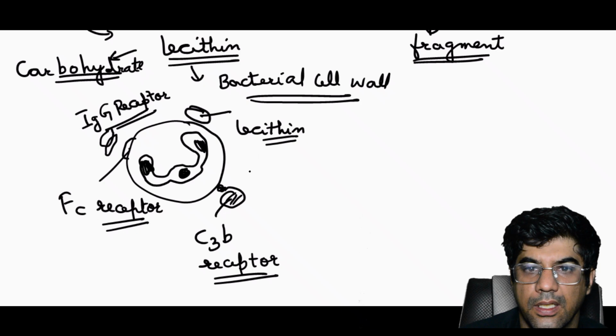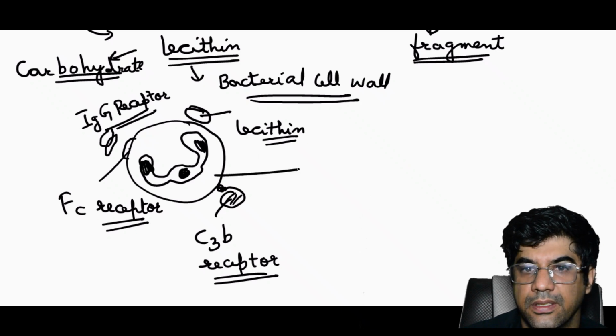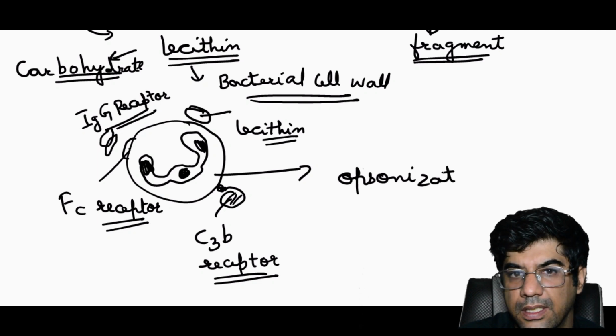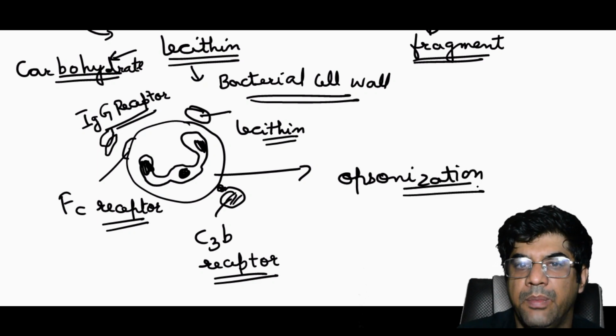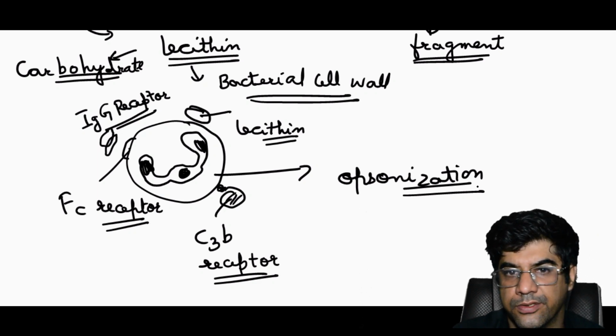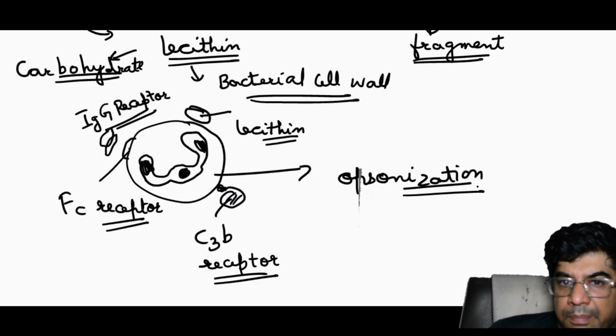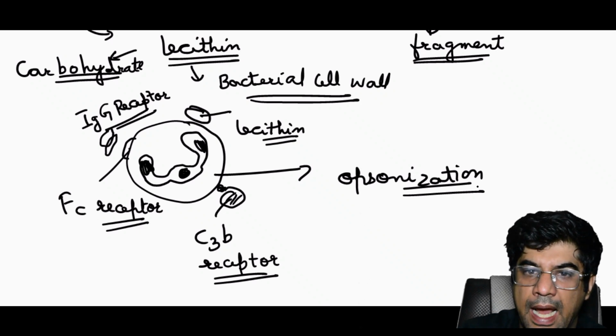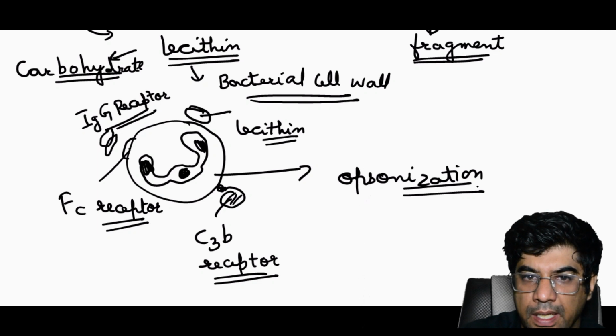So this is the opsonization stage. Can anyone tell me why opsonization is important for phagocytosis? Remember, it makes it easier for phagocytic cells to bind and engulf the microorganism.